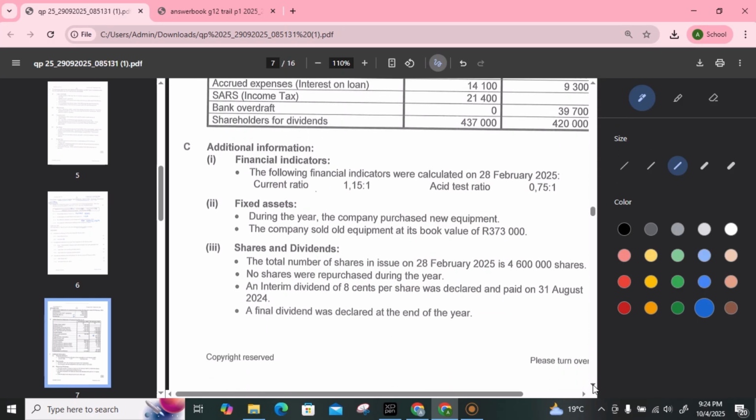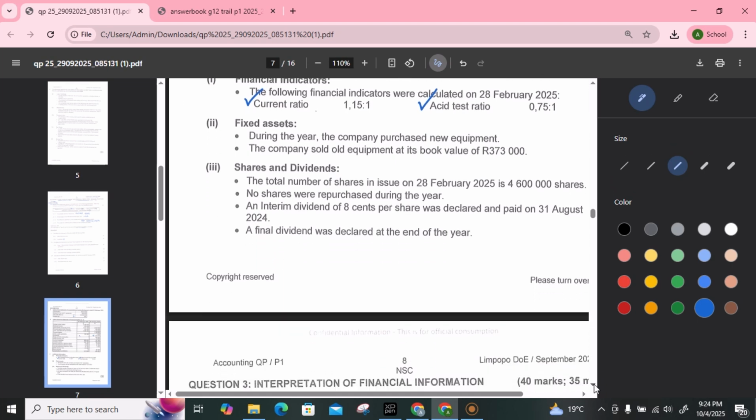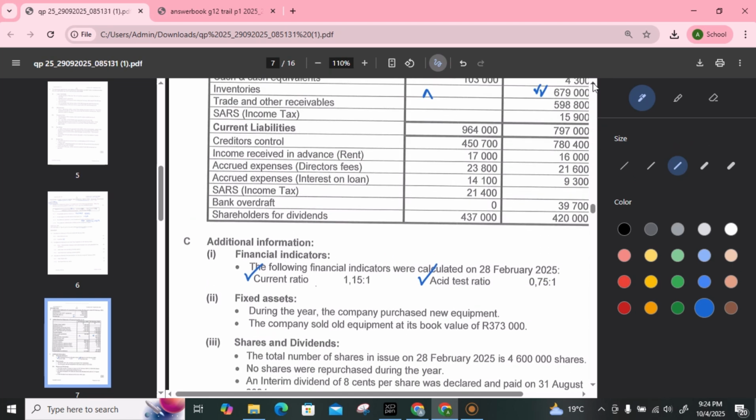Right. When you get to this point, we have item C with current ratio and asset test ratio. Those two ratios are very important in the sense that they share a common formula. So the formula for current ratio is current assets as to current liabilities.